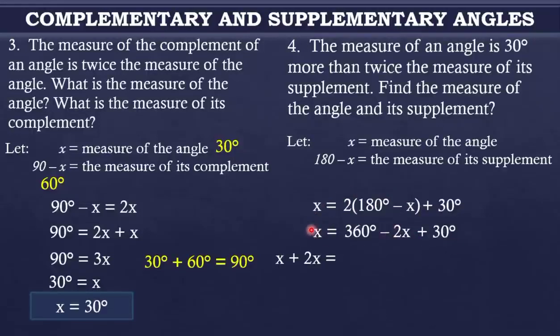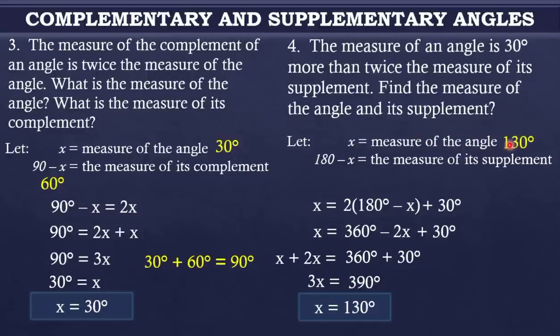We transpose it there, so it becomes plus. 3x is equal to 360 plus 30, which is 390. So 3x is equal to 390. Divide both sides by 3. 390 divided by 3 is 130 degrees. Therefore, our x is 130 degrees.